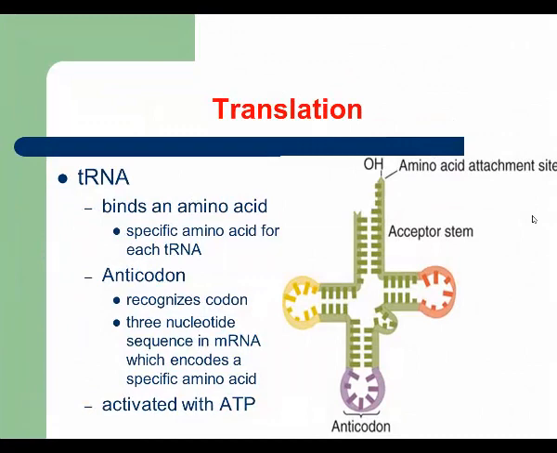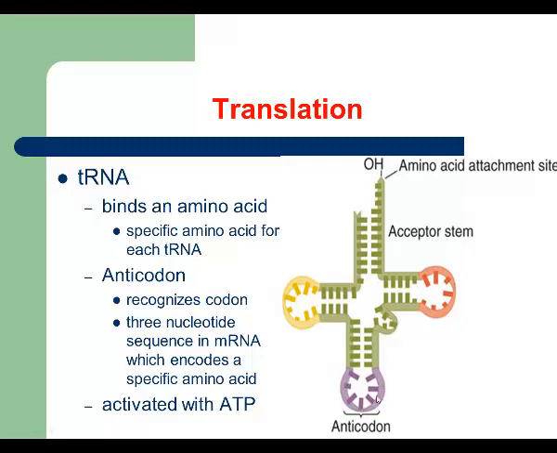On this picture, you see the structure of tRNA, or transfer RNA. As I said, a tRNA is a translator in translation because it can recognize 2 languages: the language of nucleic acids and the language of proteins. This end of tRNA is called the anticodon, and it uses the anticodon to read codons on the messenger RNA.